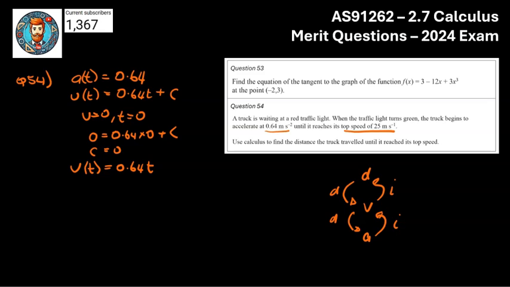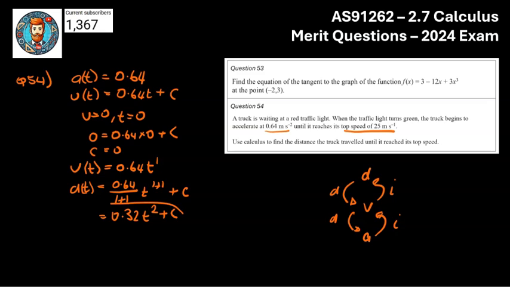I need to integrate another layer to get my displacement formula. So my displacement in terms of t is going to be equal to, remember, we're integrating, so we need to know that there's a power of 1 there. So it's going to be the coefficient 0.64 divided by the power plus 1, t to the power plus 1, plus c. And simplifying that, that's going to be 0.32 t squared plus c.